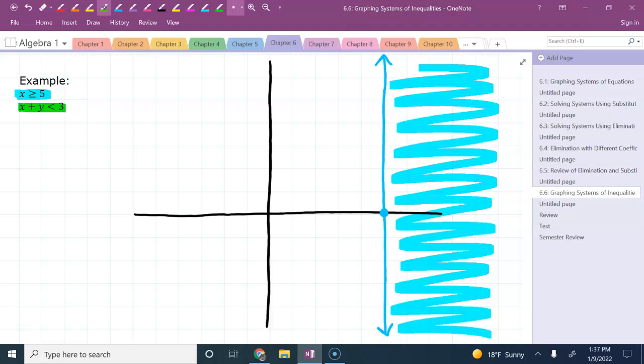And anytime that we've graphed lines in this chapter or in the previous chapters, we've talked about how you have to have it in that slope-intercept form, y equals mx plus b. And this one is not quite there. We have x plus y is less than 3. So how would we get y by itself? Well, we're going to subtract that x over to the other side. So I'm going to write minus x on both sides here.